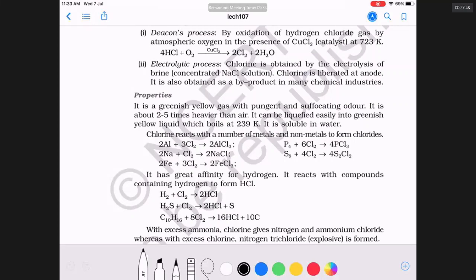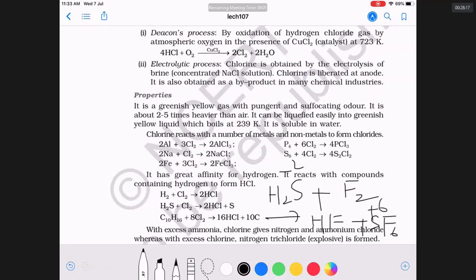Sir, the same H2S, hydrogen sulfide, reacts with fluorine to give HF plus SF6. Notice, sulfur from -2 state became +6.